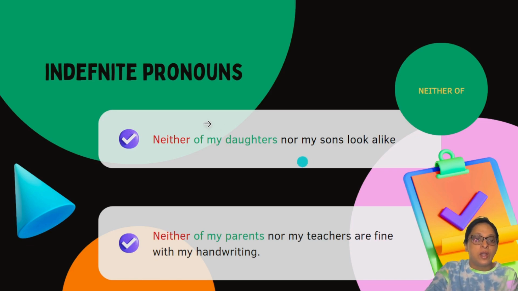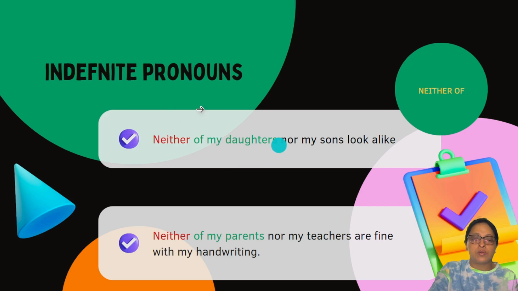So what we are trying to say here is, I have two daughters, none of my daughters. So "neither of my daughters." Out of the two daughters, none of them. If we didn't have this portion, "nor my sons," then the sentence would be "neither of my daughters," because we know that in this case we have to use a singular verb.